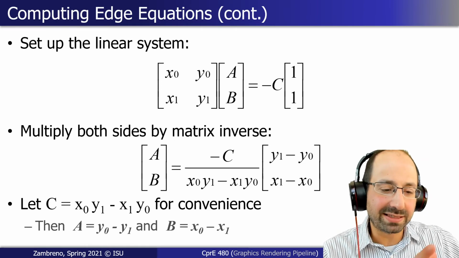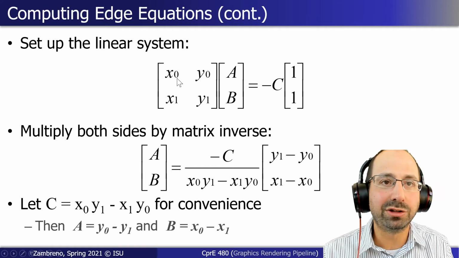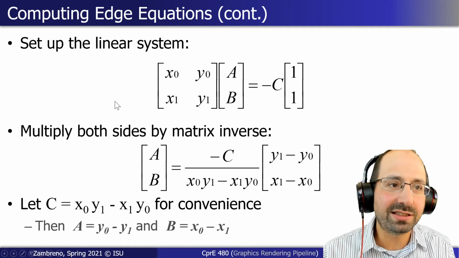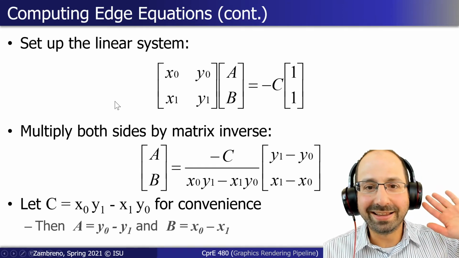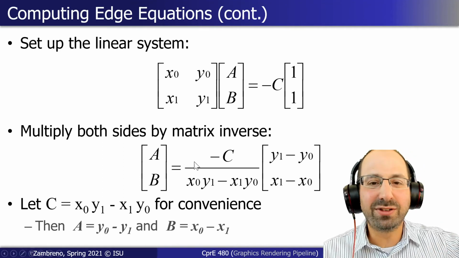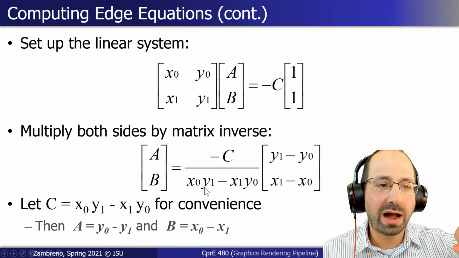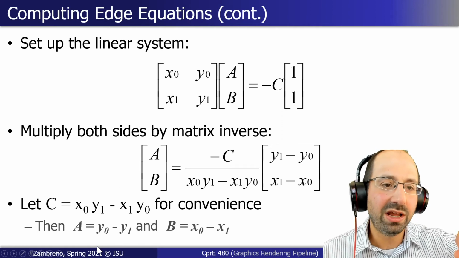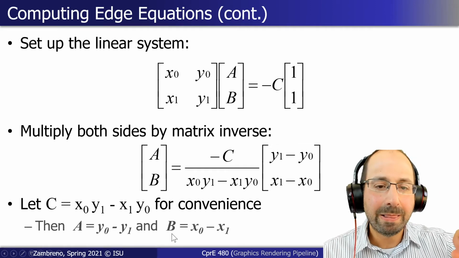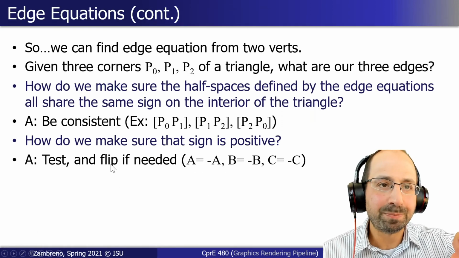But this is very basic, high school level algebra here. We can set up the linear system. We can calculate the matrix determinant, or the inverse, and then we can set C to be x0, y1 minus x1, y0, the diagonals of the matrix, to get a relatively straightforward way to calculate what A and B should be for a somewhat arbitrary C.